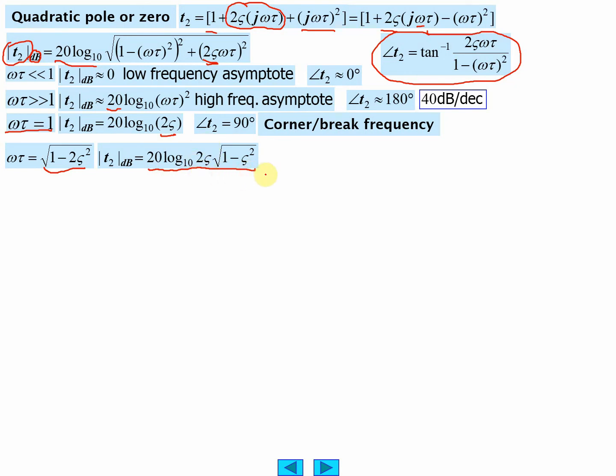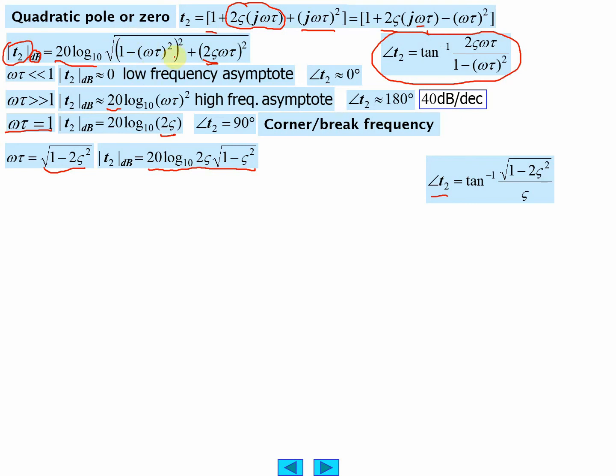This is basically constant. The angle at that point is going to be given by this, because you have the imaginary part.